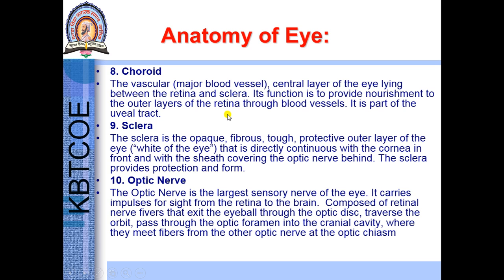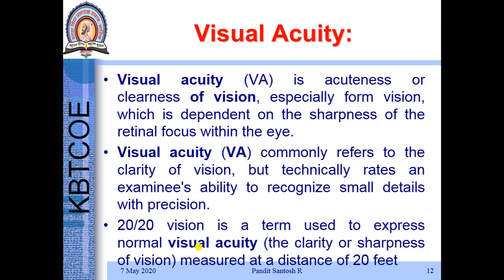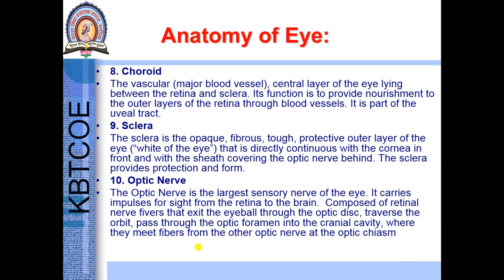Its function is to provide nourishment to the outer layer of the retina through blood vessels. We have the optic nerve. The optic nerve is the sensory nerve of the eye. It carries impulses from the retina to the brain. It's a carrier. In this way, we have seen the various parts of the eye and their functions.